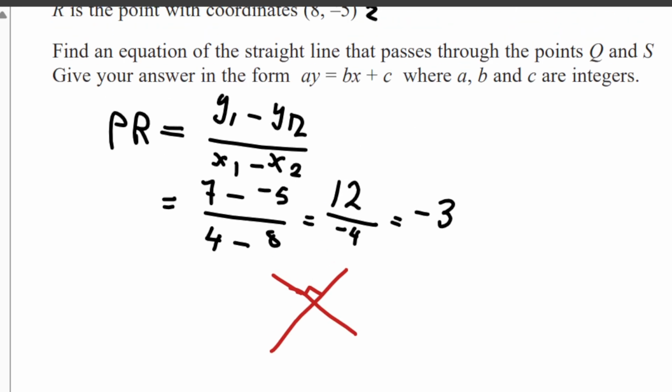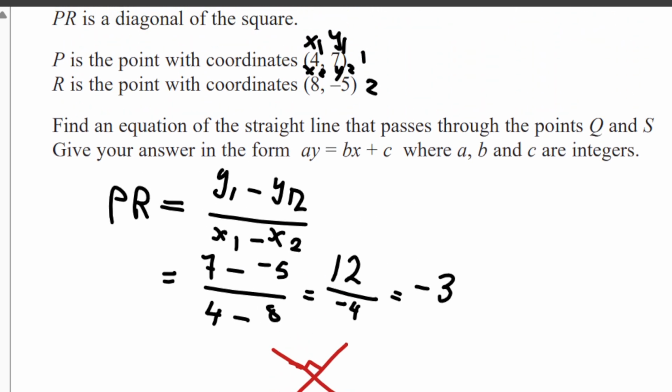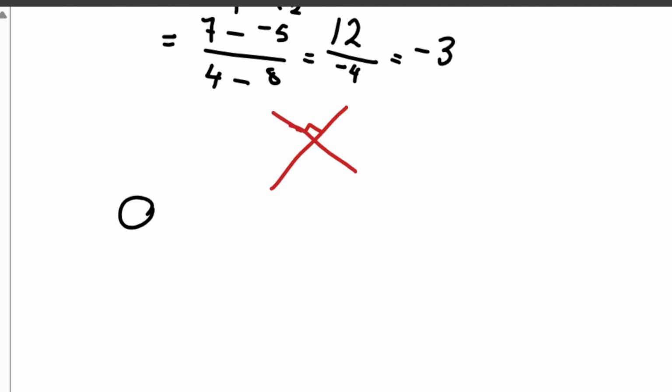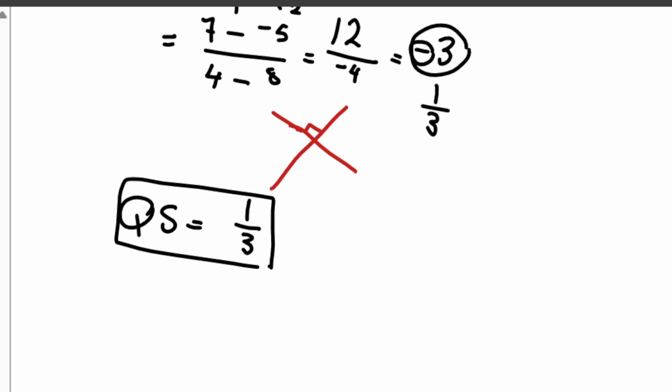So the slope of QS is the reciprocal of 3, which is 1/3, and then add the negative, so it's just going to be positive. Did you know what I did? I took this number, I flipped it, so it's 1/3, and then multiplied it by negative, so this is going to be positive. So the slope of QS is 1/3.